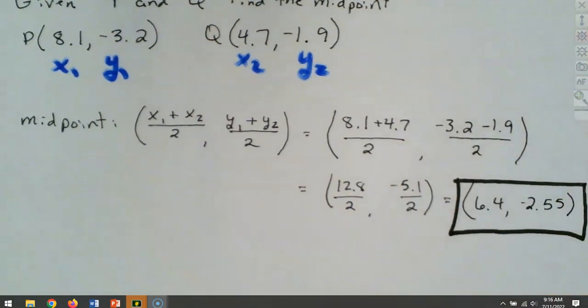Now, what is that? Well, this is our midpoint. And what does that mean? Okay, if I've got 2 points on a map, let's say I'm trying to have some kind of conference between two people and they're in two different cities. So I want to figure out where they can meet so that it's about halfway in between.